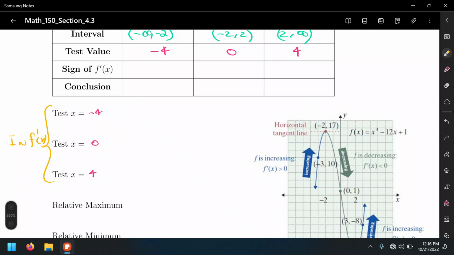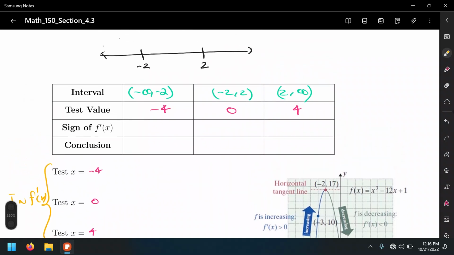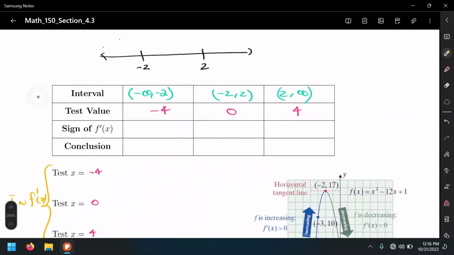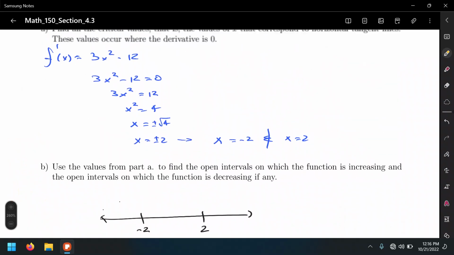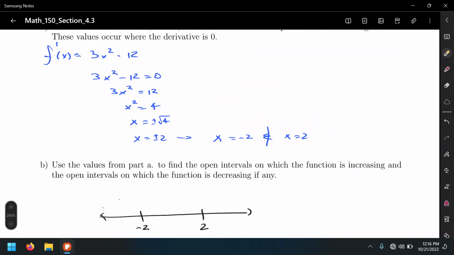So we need to know if positive then increases, if negative then decreases. So that's what we want to know here. So let's plug these values into our derivative, which is 3x squared minus 12.